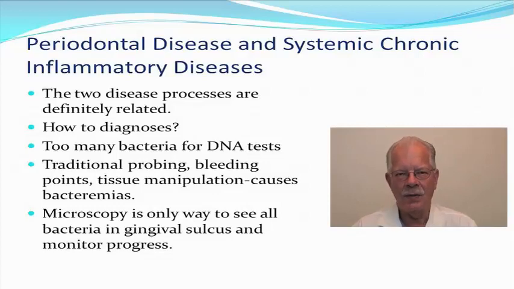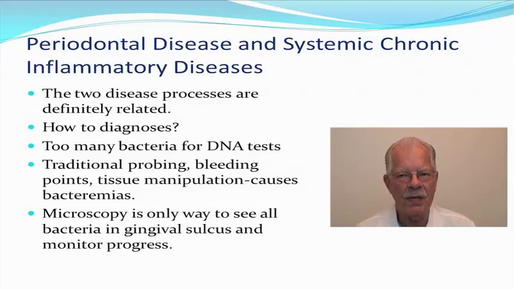Well, how do we diagnose it? There are too many different bacteria right now to diagnose with DNA tests. I know that in periodontal disease we have a DNA probe for one, Treponema denticola, but not the 59 other spirochetes that are involved in periodontal disease. So traditional probing and bleeding points, tissue manipulation, and all that sort of thing that we use now for diagnosing periodontal disease cause bacteremias.